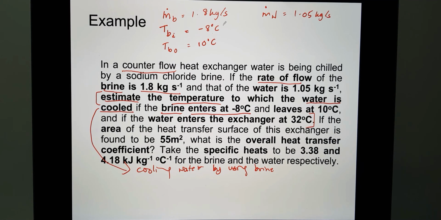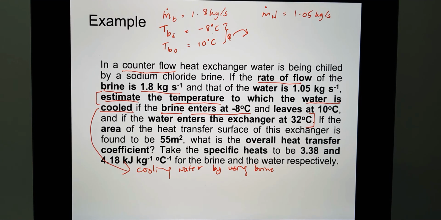Can you see that for this particular temperature there is a temperature increase from negative 8 degrees Celsius, below 0, to 10 degrees Celsius? So where is this heat being transferred? This heat is being transferred to the water.